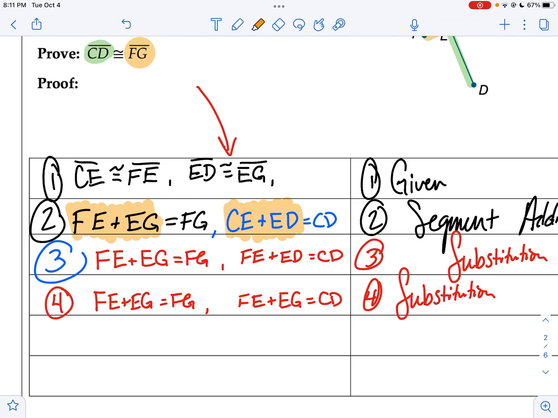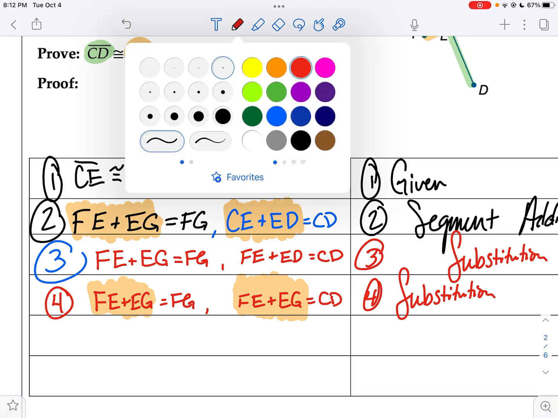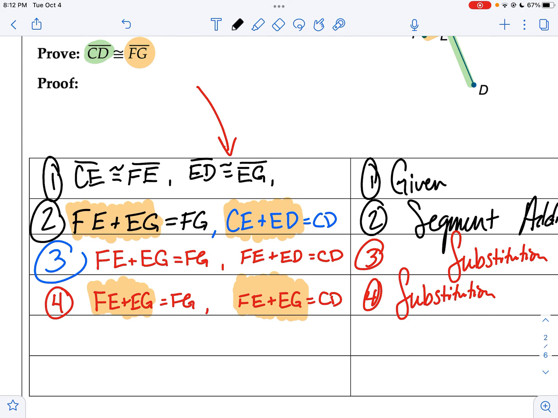And finally, what do you notice about the left sides of these equations? I didn't change the first one, FE plus EG, but I was able to substitute both of the parts of my second equation to make the left side of the equation look exactly the same. And now if the left sides of the equations are equal, if this stuff equals FG and that stuff also equals CD, well then what do I know about those segments, FG and CD, if they both equal the same thing?